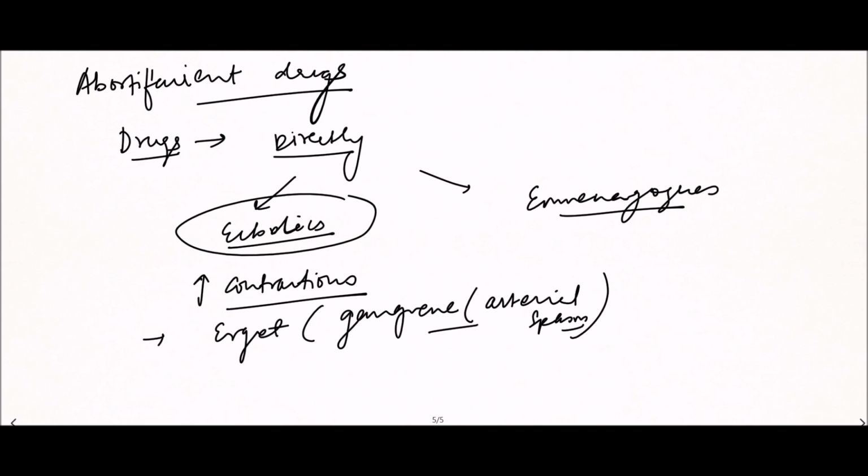Now, other drugs can be used as ecbolics like quinine. Quinine can be used, like the pituitary extracts. Now, lead itself can be used as an ecbolic.